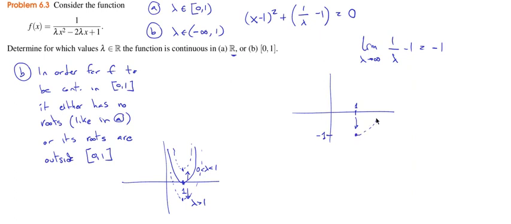But if this is true, our parabola has 2 roots at 0 and 2, because our parabola is now x minus 1 squared minus 1 equals 0. So it has 2 roots, 0 and 2. So there's no way that you can get the roots outside this interval 0, 1 by increasing the value of lambda.